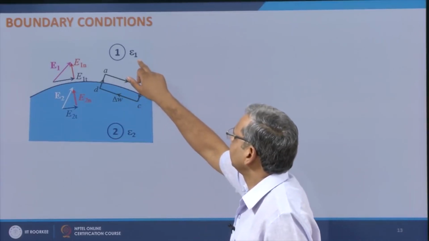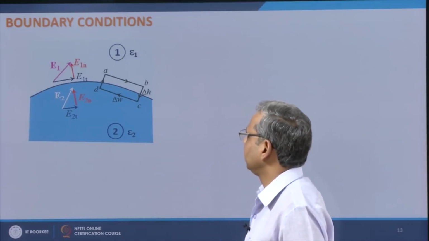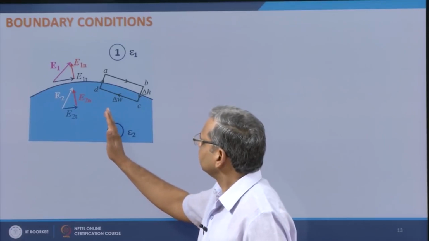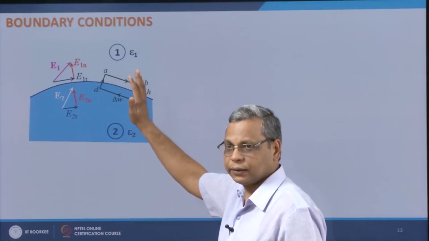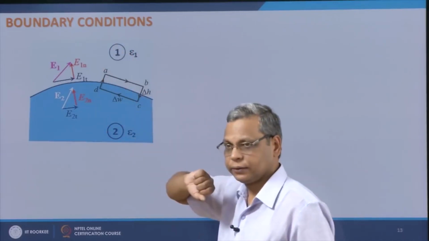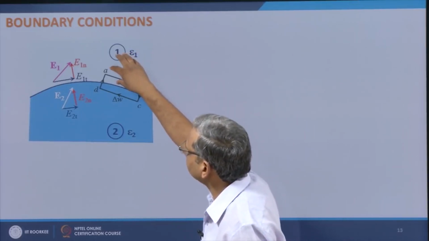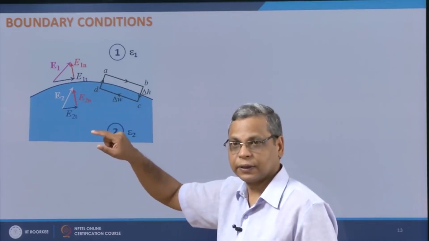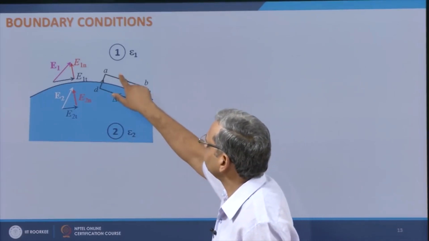Medium 1 has dielectric permittivity epsilon 1, medium 2 has dielectric permittivity epsilon 2, and if there is an electromagnetic field here, then if I know the field here, I can find out the field here, or I can relate the field in region 1 to the field in region 2 using some condition. Okay. With what condition can I relate the fields here with the fields here?